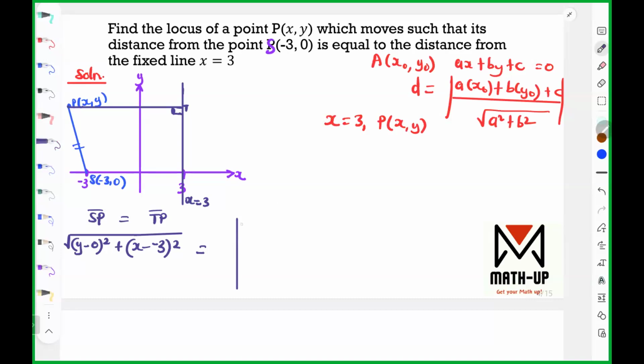So 1 times the x coordinate of our point, which is x, plus B, the coefficient of y, but our equation is just x is equal to 3, so 0 times y, plus c, which is 0, out of the root of 1 squared plus 0 squared.